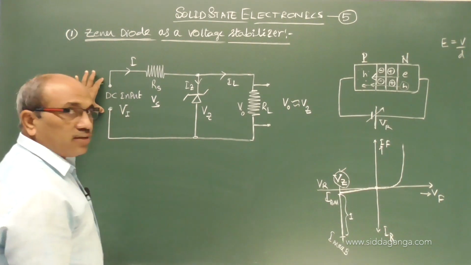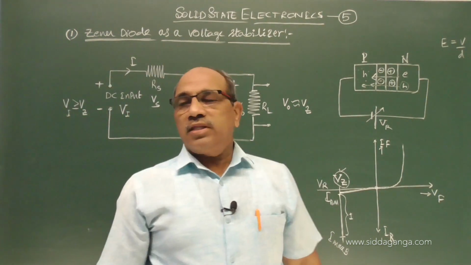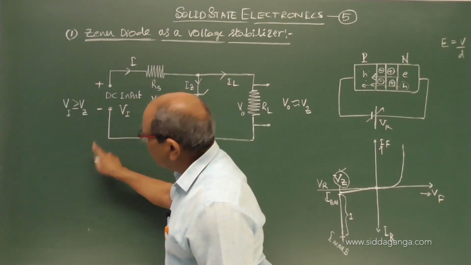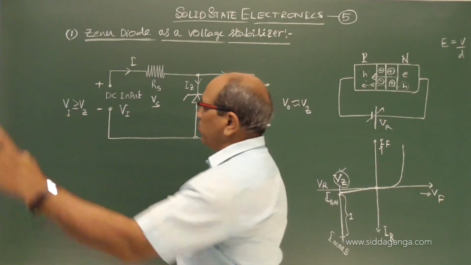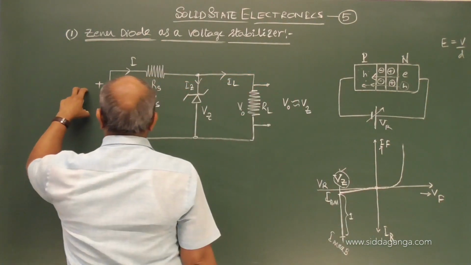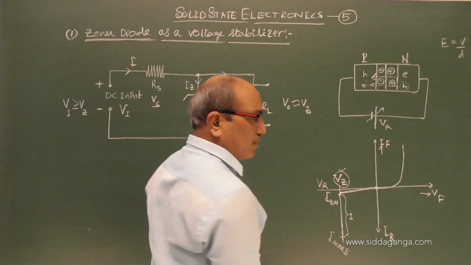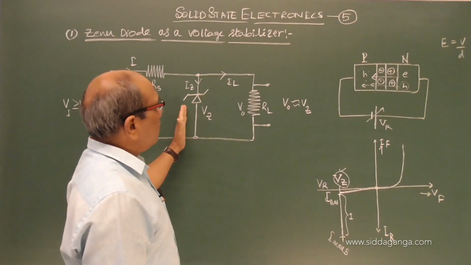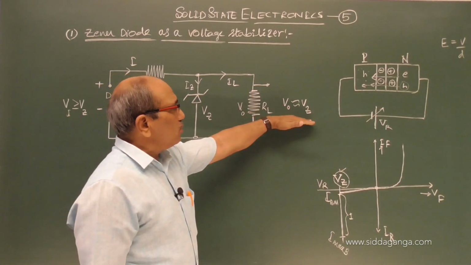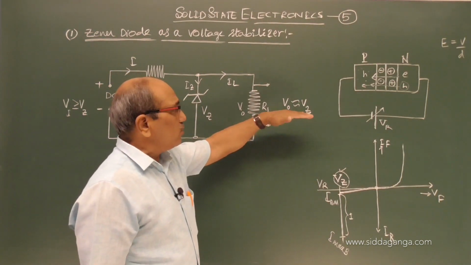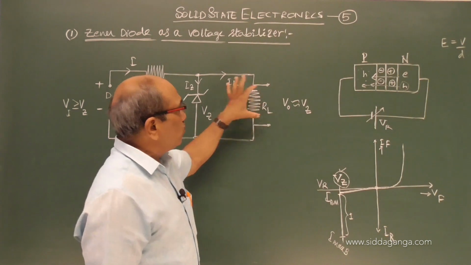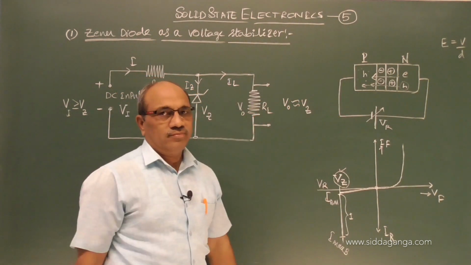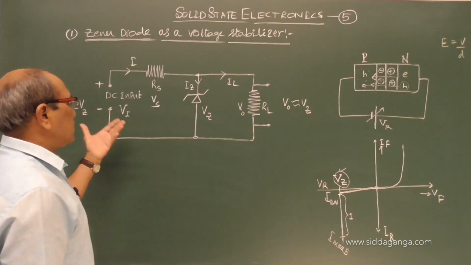What we supply at the input should not be below that. If the input is equal to or higher than the minimum voltage, then the Zener diode gives you the constant output voltage required to run the device to which you connected this load. How that is, let us see.